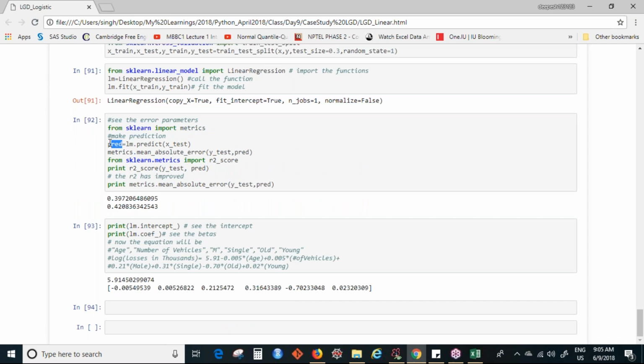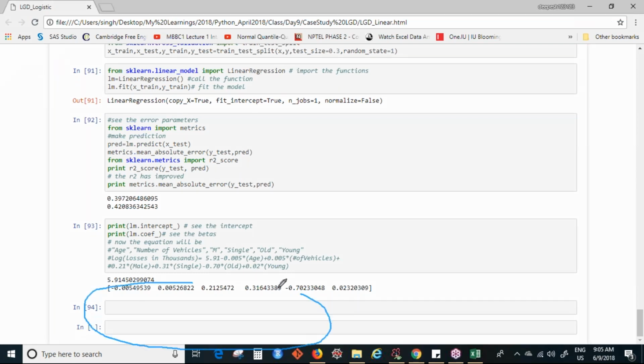Pred is the variable which has the predicted values, but pred is in the form of log because we have taken the log. So whatever values you have in pred are the log of the losses, not the losses directly. So at the end here you will take the anti-log of it.